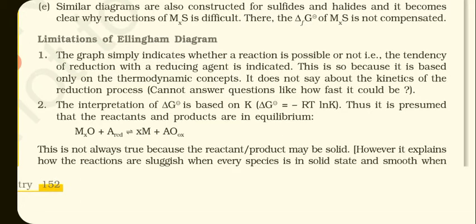And E: similar diagrams are also constructed for sulfides and halides, and it becomes clear why reduction of metal sulfide is difficult, since the delta G of the reduction is not compensated.